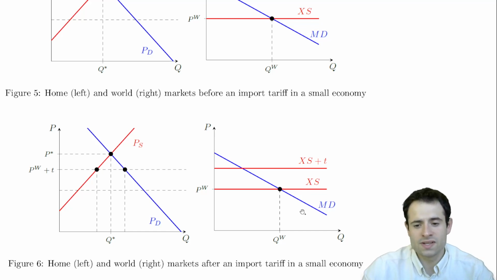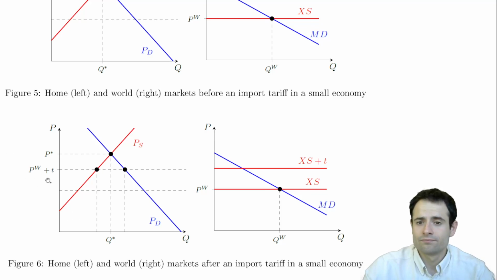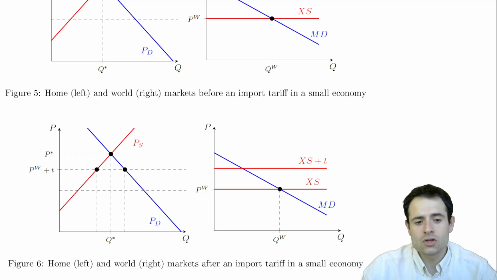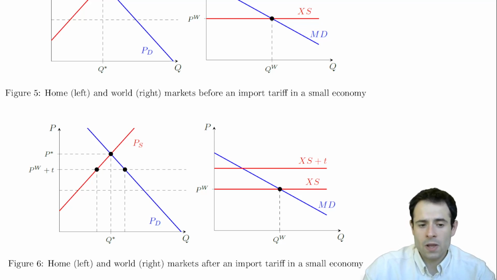Other countries will still pay PW, but home consumers now are going to pay PW plus T. You can already imagine who is going to gain and who is going to lose surplus. Consumers are obviously losing surplus. They used to pay a price equal to PW. Now they have to pay a price equal to PW plus T. So they are going to lose this much.